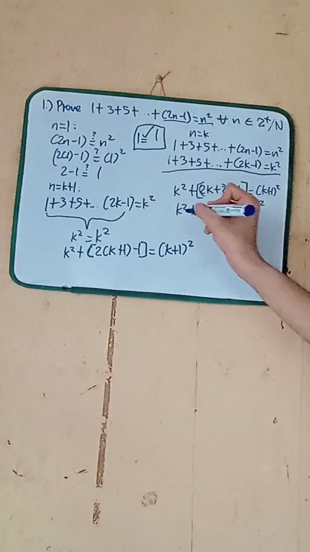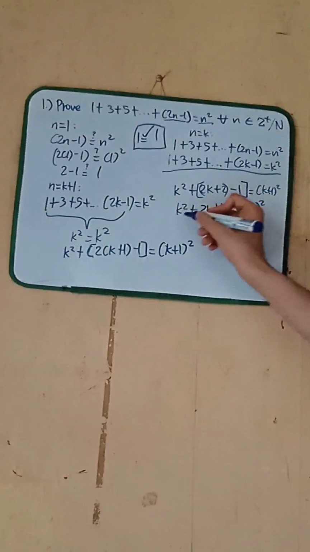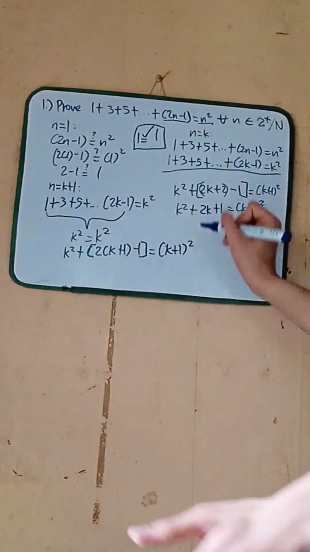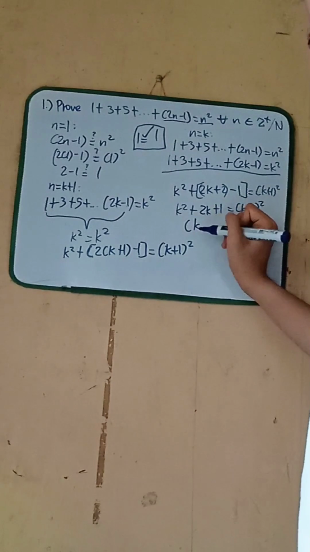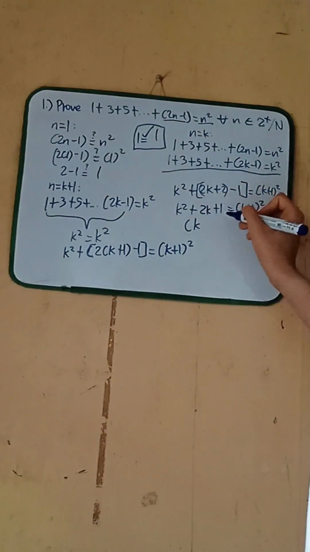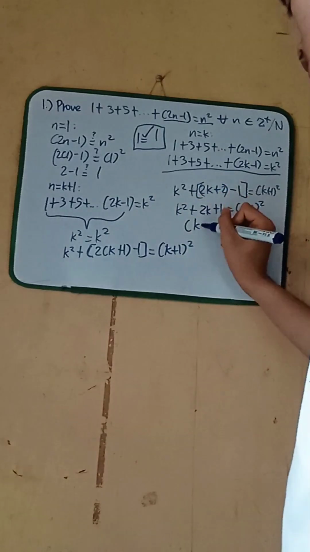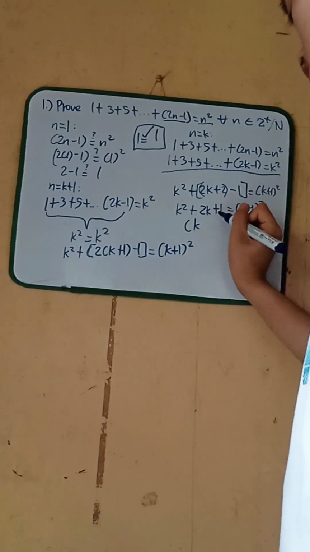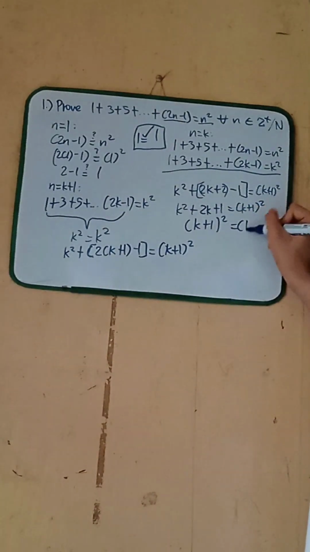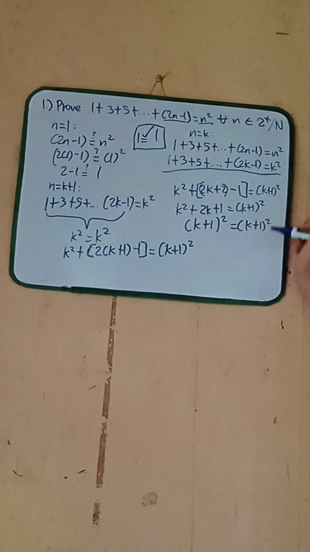And now, we can condense this into this form because this is a perfect square trinomial. So we can transform that into the square of a binomial by getting the square root of k squared, which is k, and the square root of 1, which is 1. You have k plus 1 squared, right?